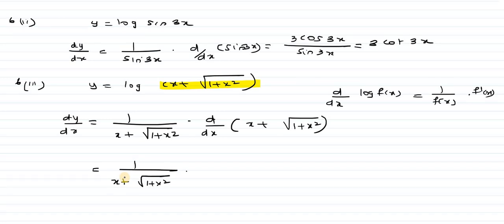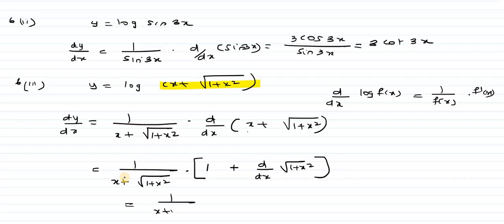So this term as it is comes. Differentiation of x is 1. Differentiation of under root 1 plus x square, let us do it step by step. 1 plus differentiation of under root x is what? 1 upon root 2x. But here instead of root x they have given another function.